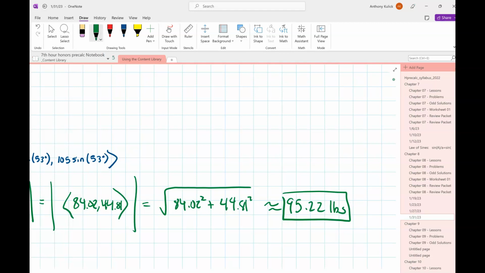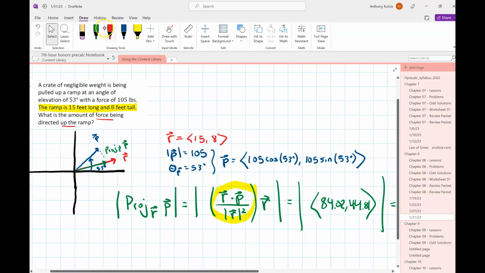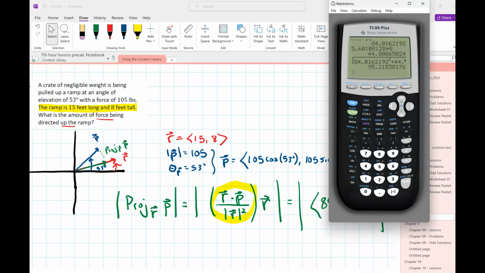If you think about if your angle was the same as that angle for R, which would just be like tan inverse of 8 over 15, if you're pulling 105 pounds at 28 degrees, you'd expect all 105 pounds to be going up the ramp. Here you're at 53 degrees, so you're kind of pulling up as well as in the same direction as the ramp, so you're losing a little bit of that force.